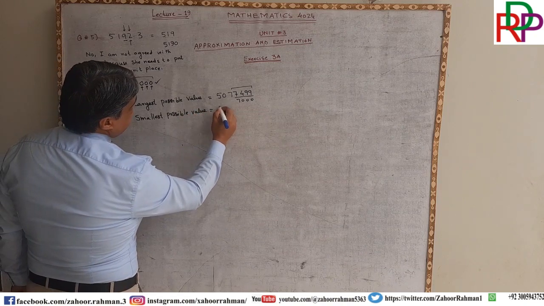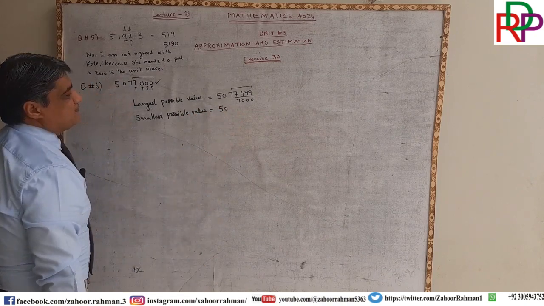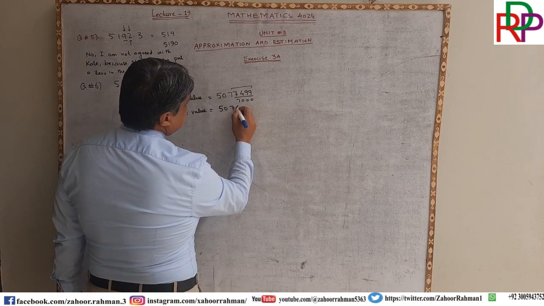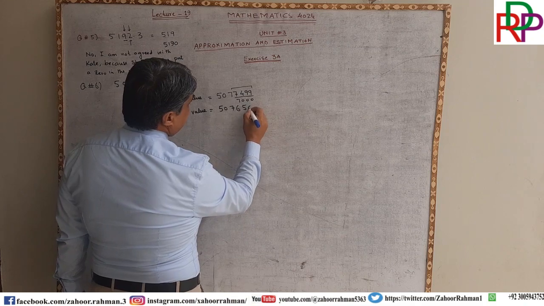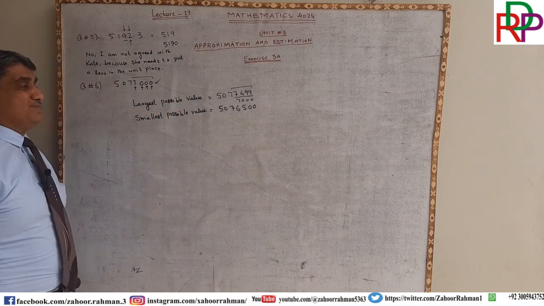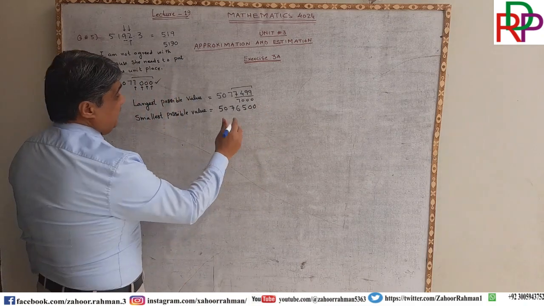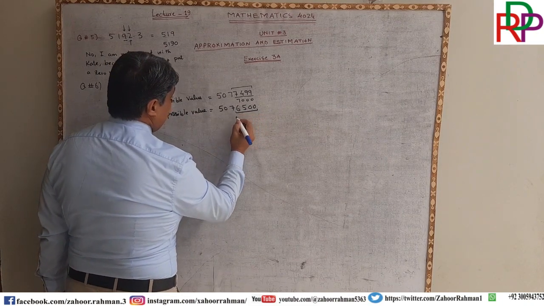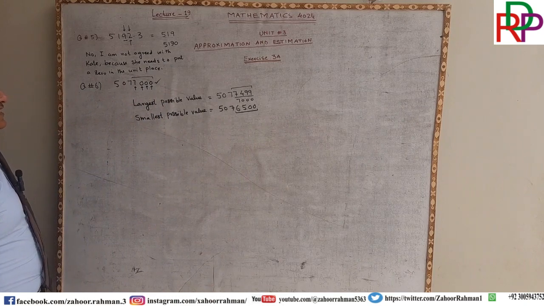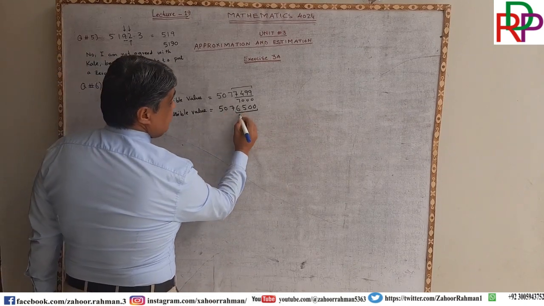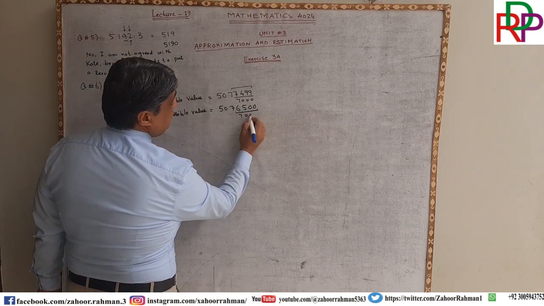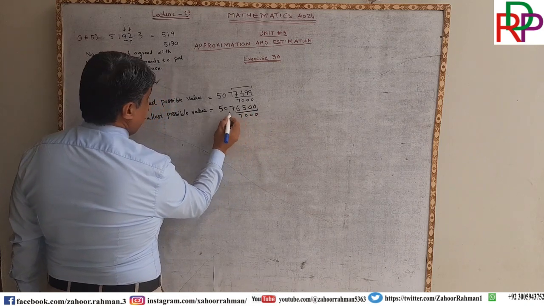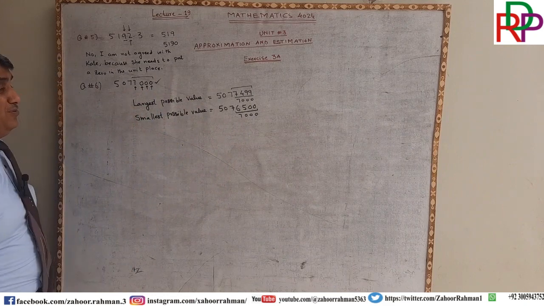And that is 506,500. If this value is rounded to the nearest 1000, then we will get this value.